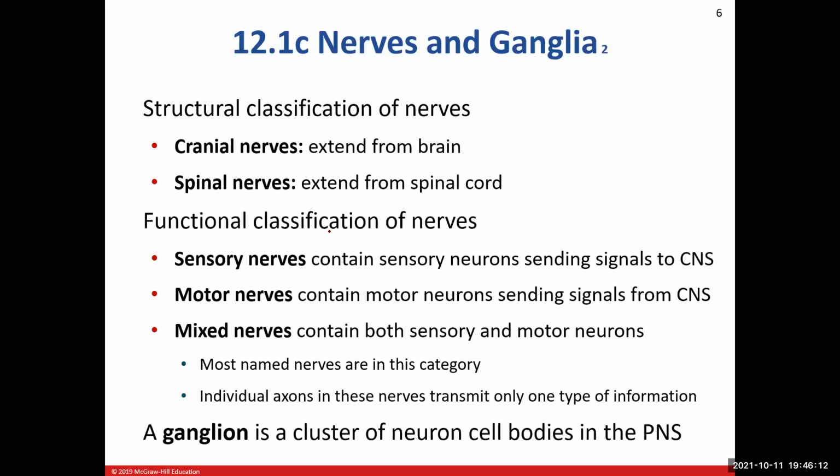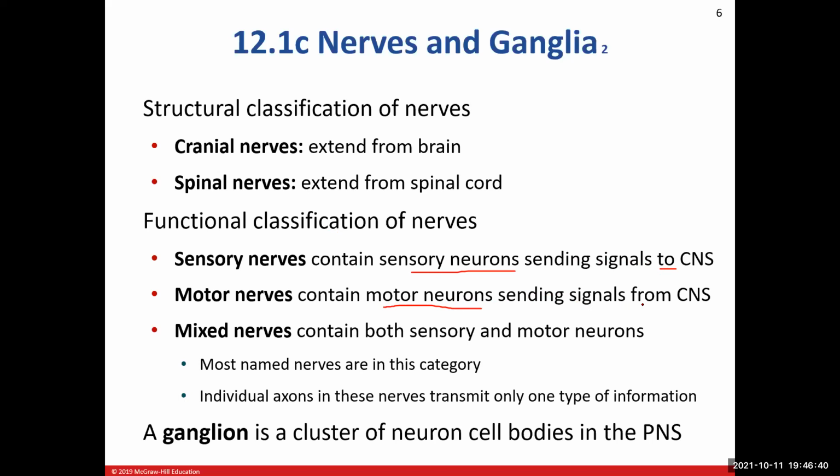Now, when we discuss the functional or physiological classification, we talk about what these nerves do. Sensory nerves contain only sensory neurons, and they send information to the central nervous system. That's sensory input. Motor nerves contain only motor neurons, and they send information from the central nervous system out to the effectors.